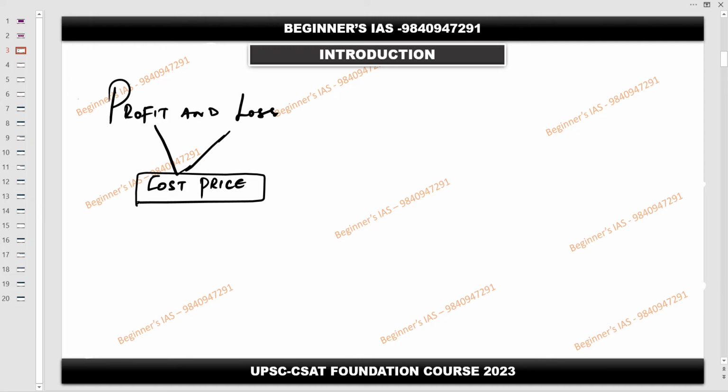For example, some business persons, whom we call traders. The trader buys something, and this is called the cost price.